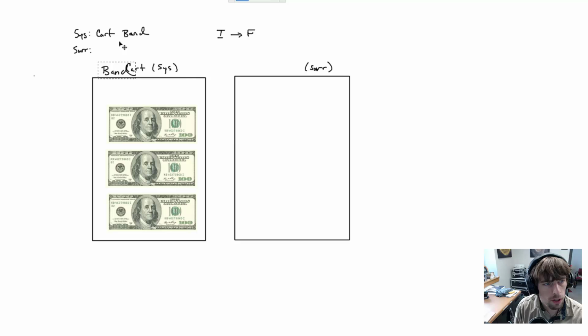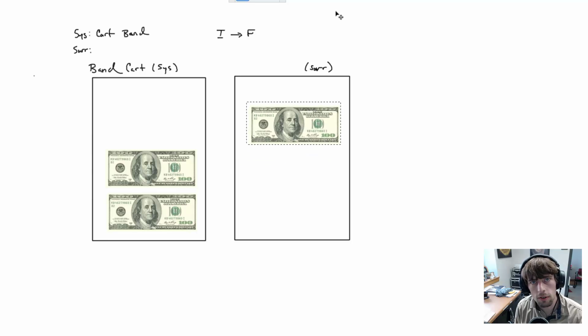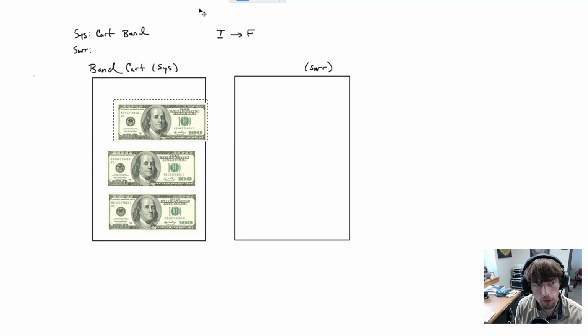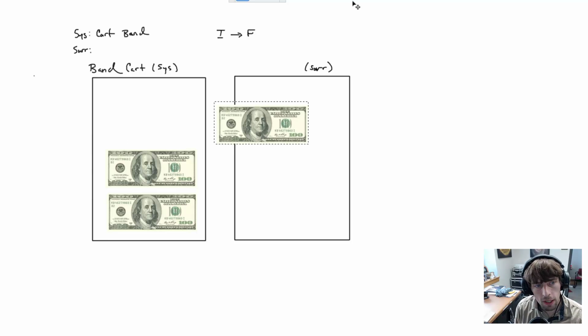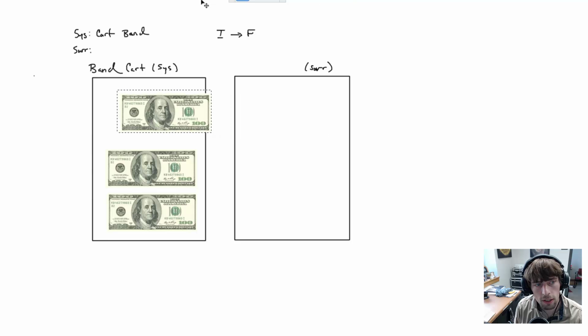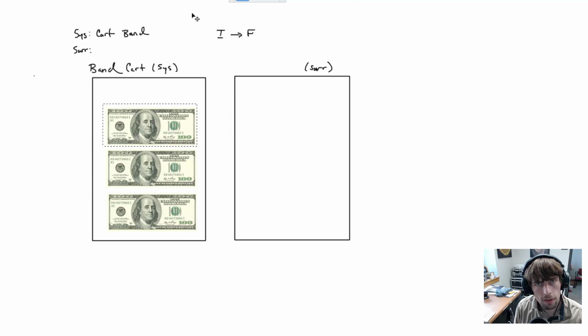So we'll move that right over here, band and cart in the system. So no longer is energy or money being moved from the system to the surroundings. Right? I talked about how there's no work being done by the system or the surroundings for the cart and the band in the system. So it's not like money's moving over into the surroundings anymore. No, that's not happening. But something is still going on.